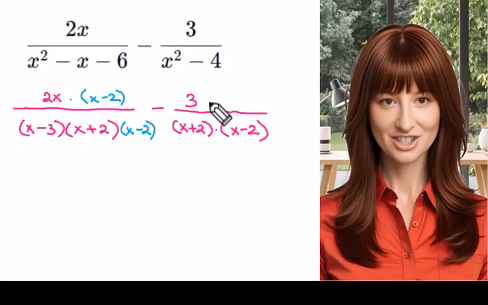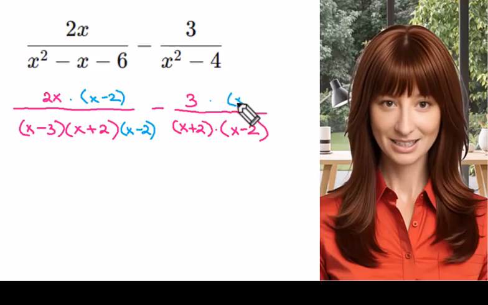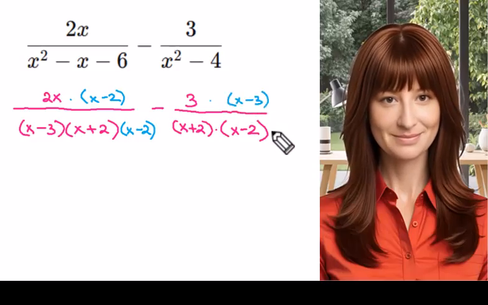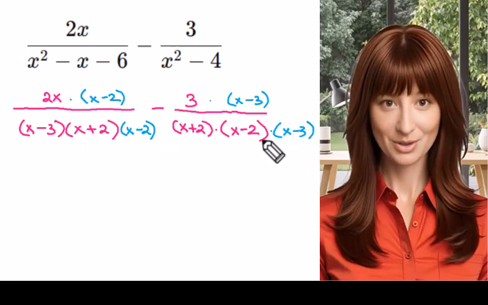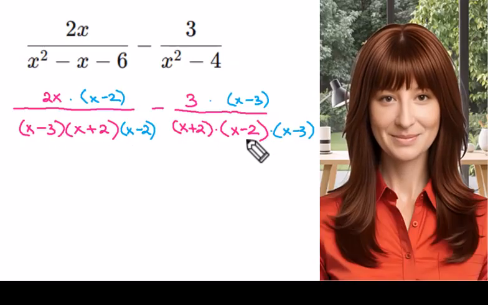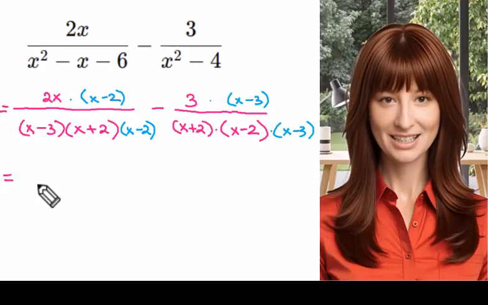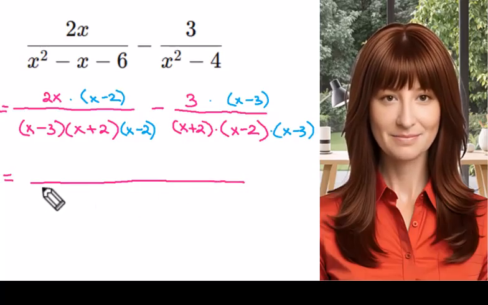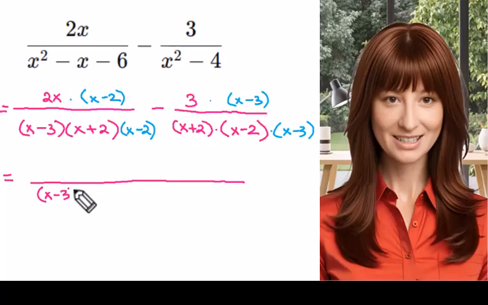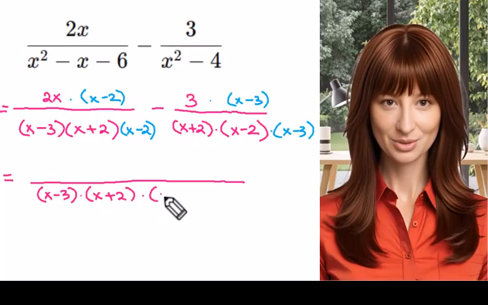The second fraction, we're going to multiply the numerator and the denominator by x minus 3. Now we can see that both fractions have the same denominator, which is the same as the LCD. So we're going to copy that LCD as our denominator, which is x minus 3 times x plus 2 times x minus 2.